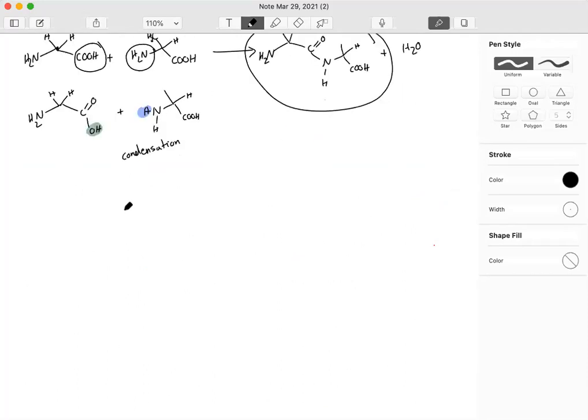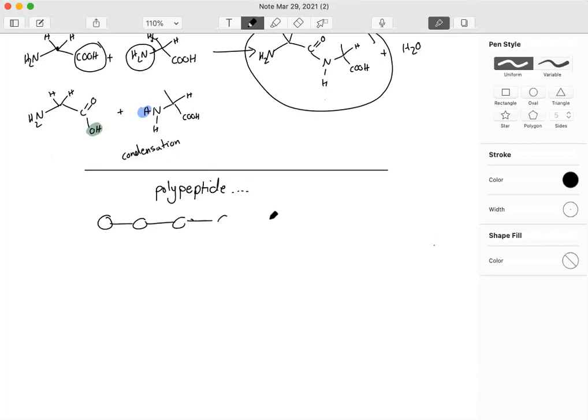If I have more than 2 amino acids, 3 or 4 or more, I start getting what we call a polypeptide. A polypeptide means many amino acids making many peptide linkages. The polypeptide can be a protein. The polypeptide is the strand itself, amino acids held together. If the amino acids start to coil, they make what is called a secondary structure, held together by hydrogen bonds.